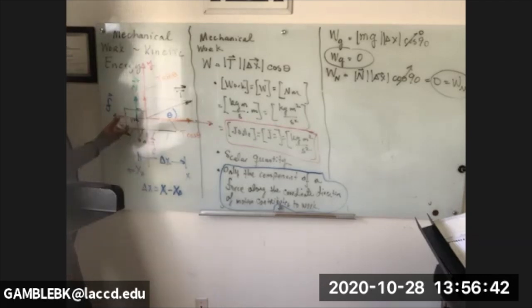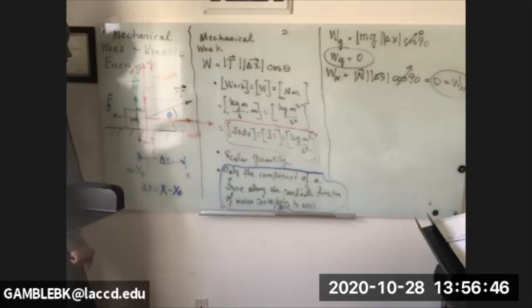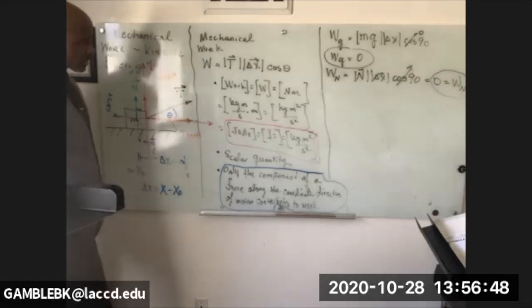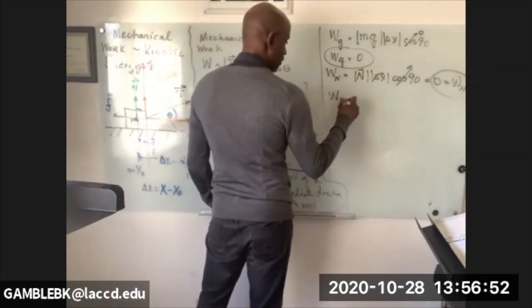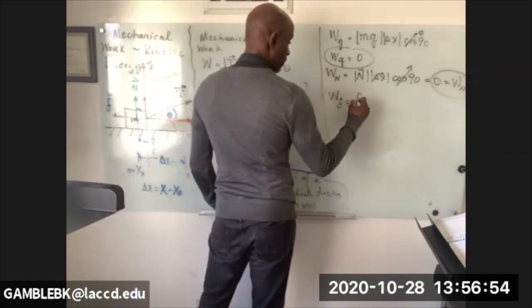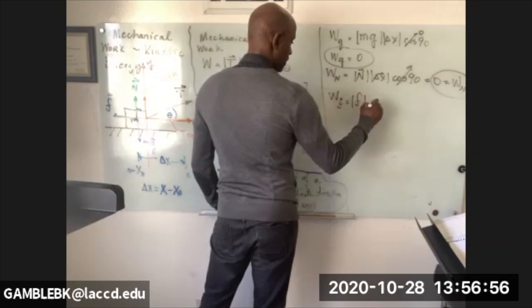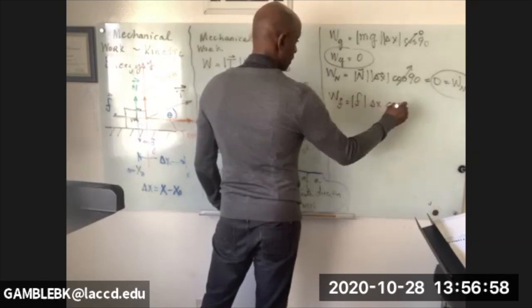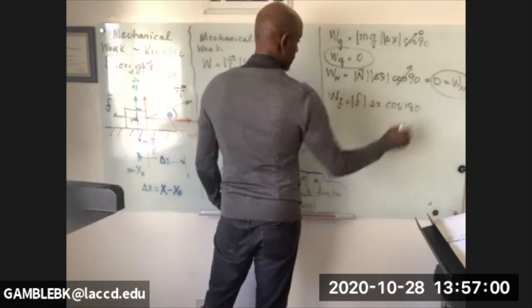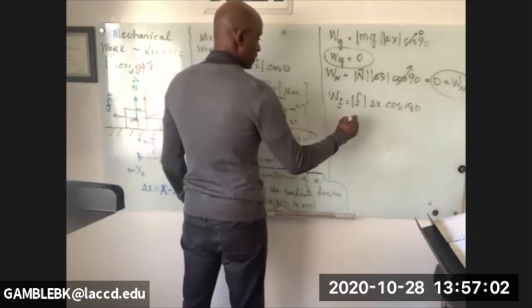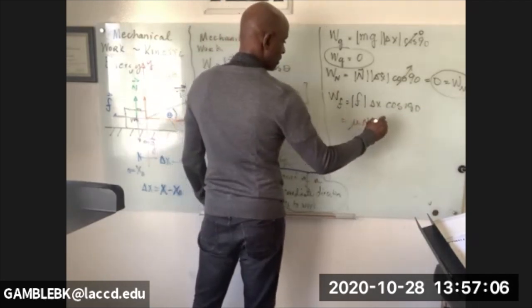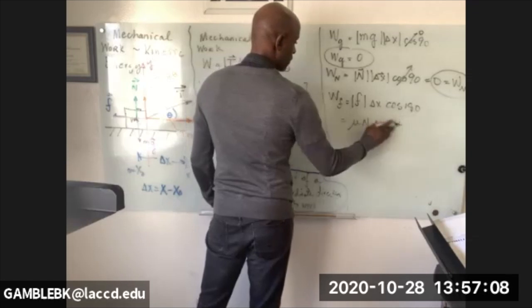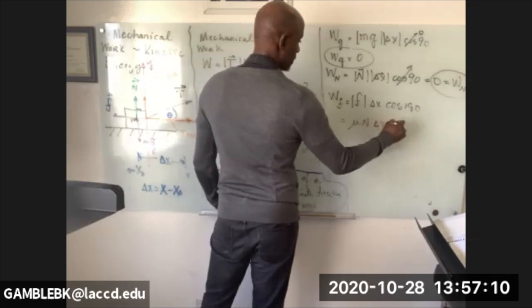The frictional force in this case is in the opposite direction as it moves through delta x. So the work done by friction would be equal to the magnitude of the frictional force times delta x, times the cosine of 180. We know the frictional force is equal to mu n, and cosine of 180 is -1.